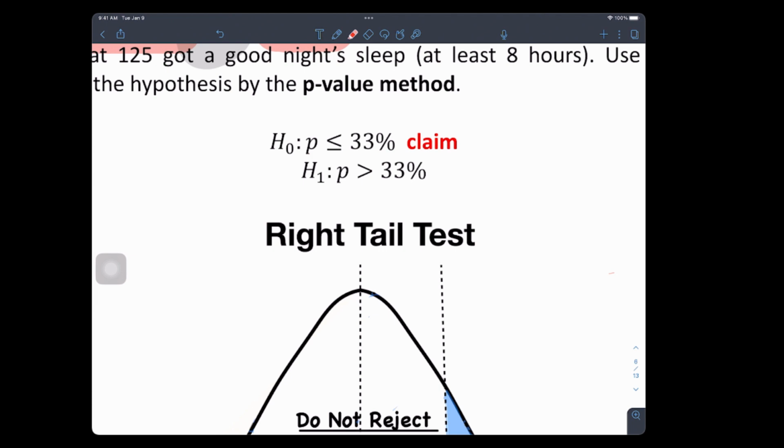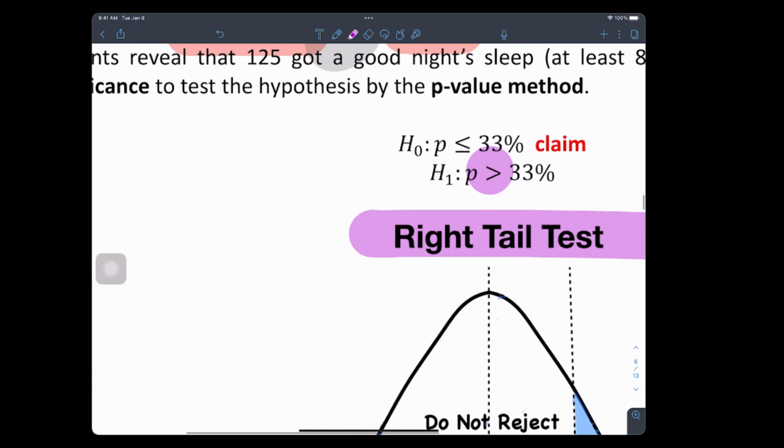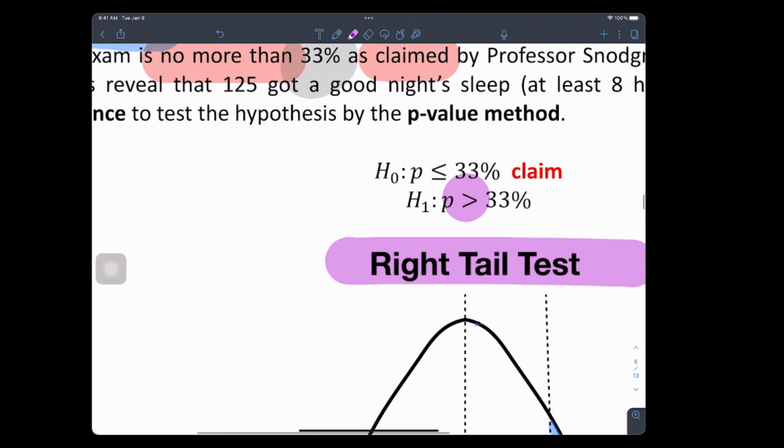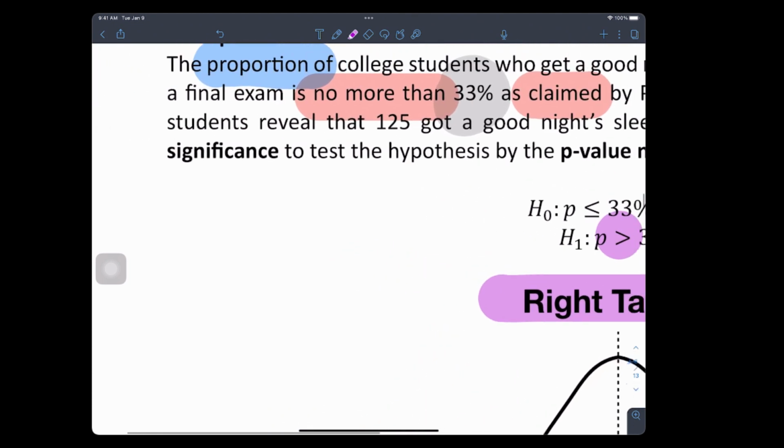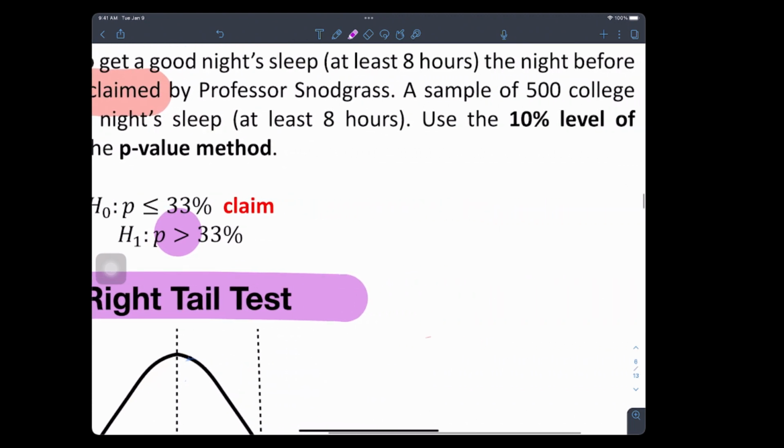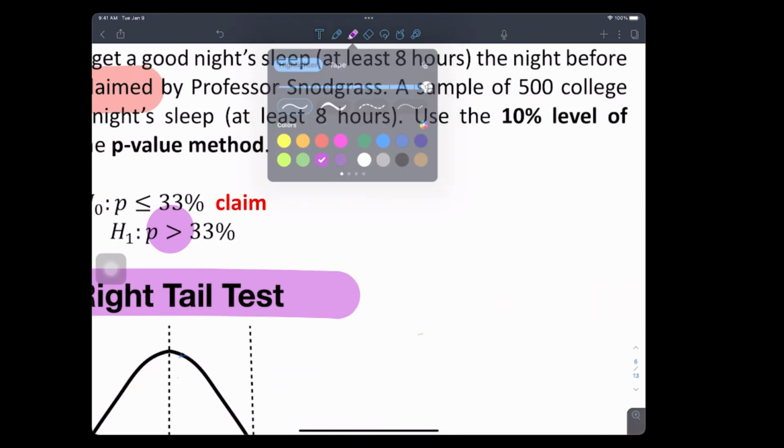What's the logical opposite of that? Greater than. Okay. What does that mean about our test? It's a right-tail test. Now, they're going to ask us to test a hypothesis by the p-value method. All right, we've got to compute the p-value, but what's the level of significance? 10%. It's the threshold value.